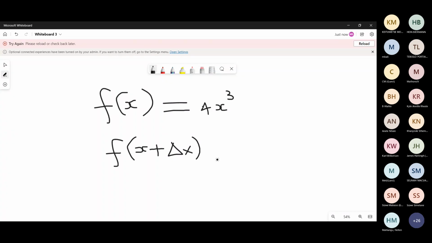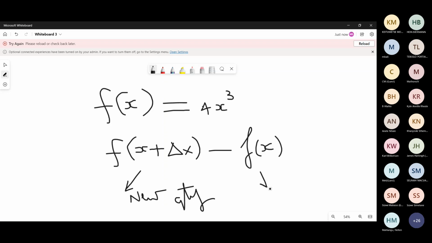Now, let's take here f of x plus delta x minus f of x. What does this mean? This is the new quantity, minus the old quantity, or the previous quantity.